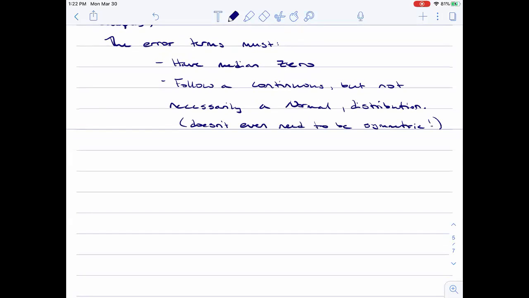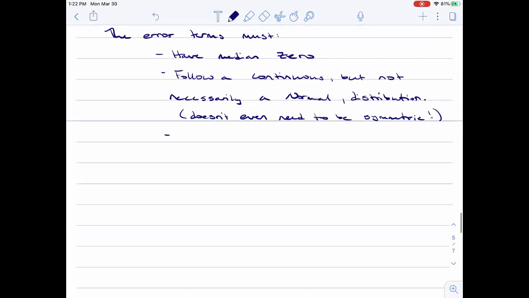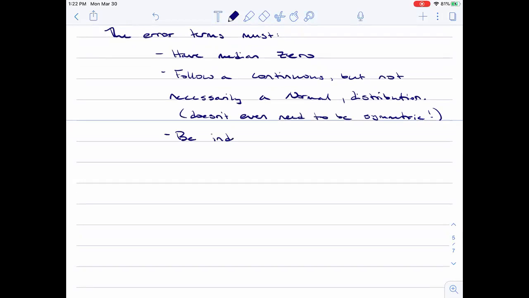The last thing is that the error terms must be independent. Of course, our observations still have to be independent, essentially centered on 0, right? They must have a median of 0, and they have to come from a continuous distribution. The requirements on that continuous distribution are way more relaxed.